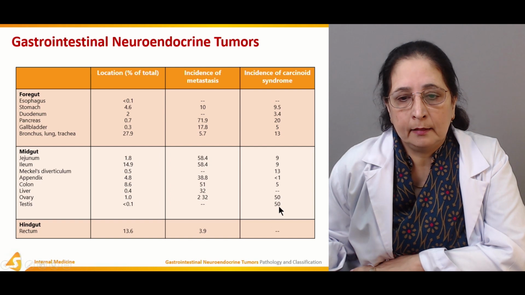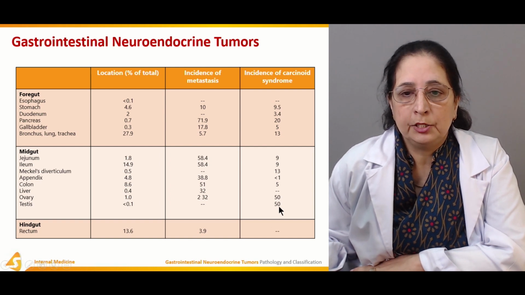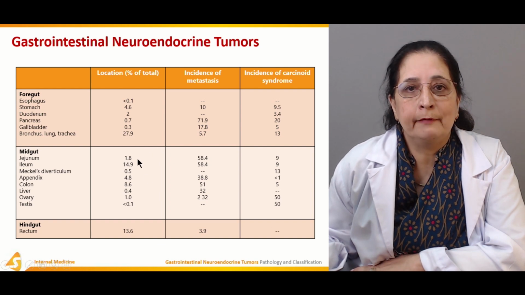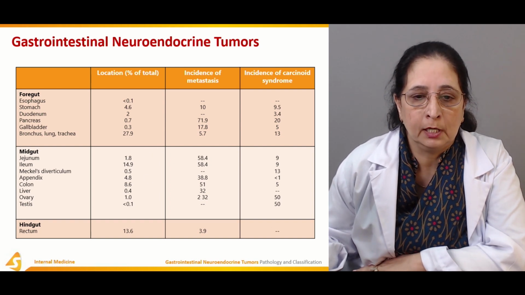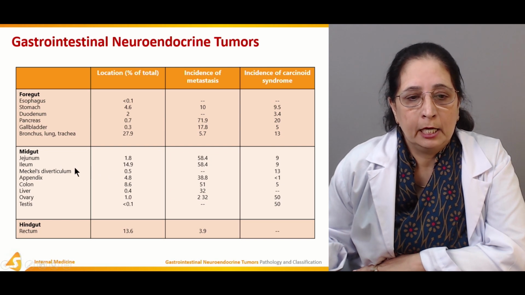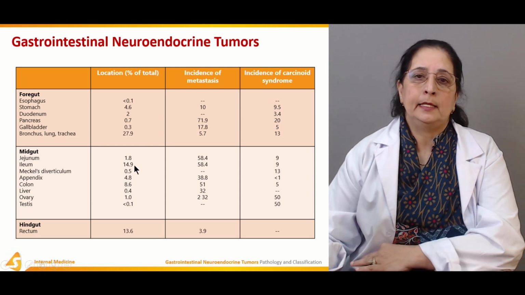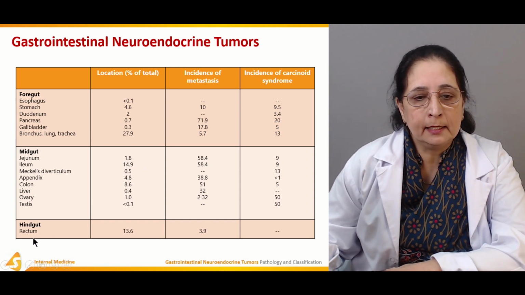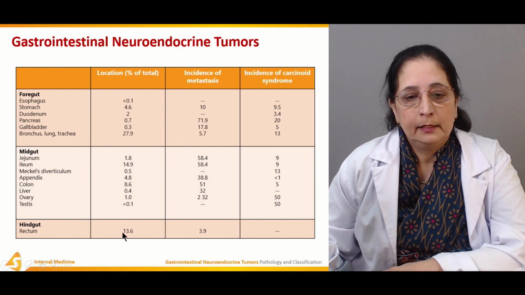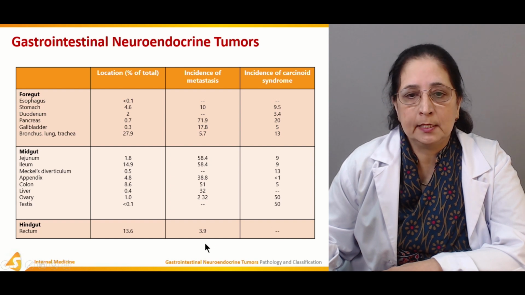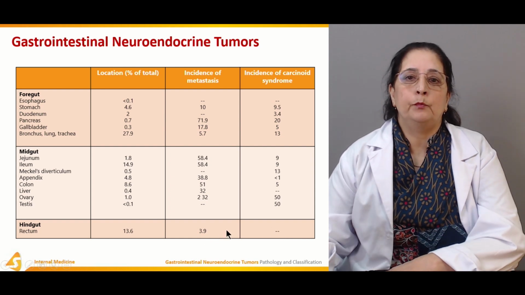If we see here, there is 50% incidence of carcinoid syndrome associated with testes, 50 for ovary, but the most common site of location is usually the ileum here, 14.9%. Then the hindgut, which has the rectum, 13.6, and carcinoid syndrome is not present, and metastasis is 3.9.